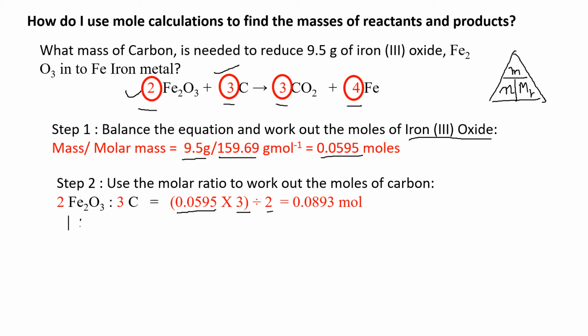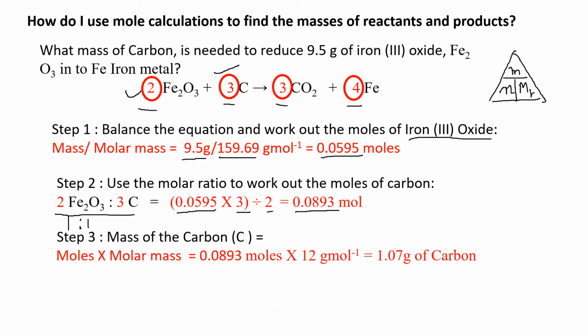That is why we work out the molar ratio in such fashion. That gives us a value of 0.0893 moles. So what to remember here is that you times it by the component that you're trying to find out, and you divide it by the component that has already been worked out or has been given.